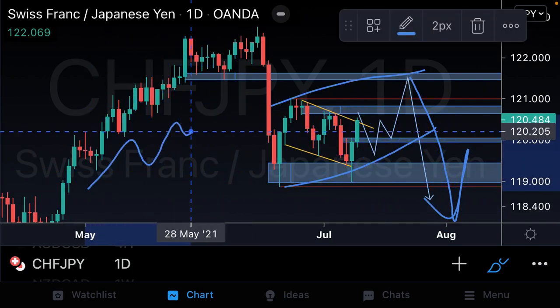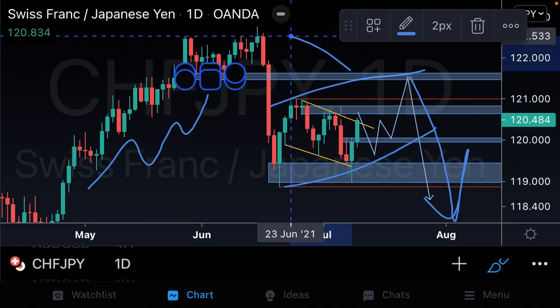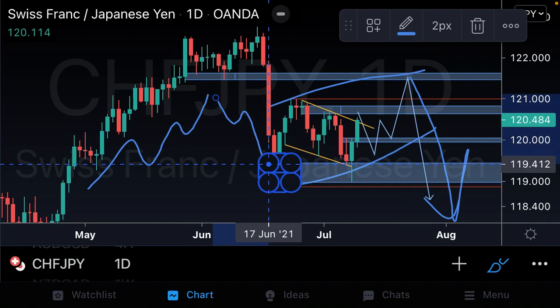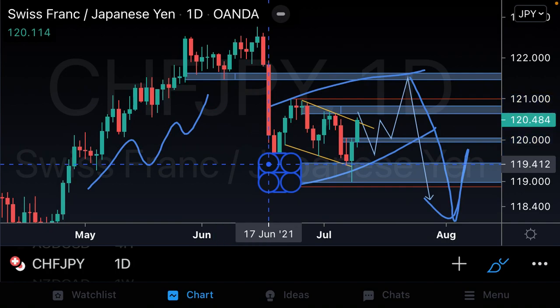After our 5 waves to the upside, we expect our 3 waves to the downside, giving us that beautiful corrective structure. And that's exactly what we're looking for on CHF JPY, looking for those potential short term buy opportunities, but understanding that long term our selling momentum is going to come in.